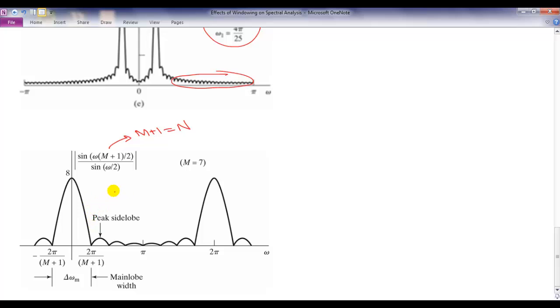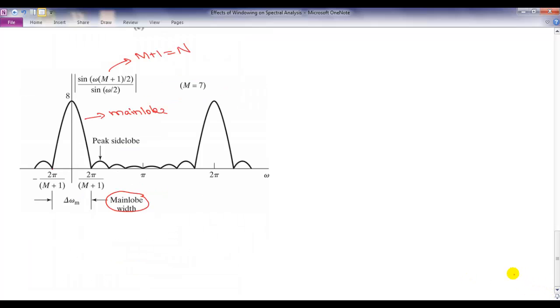So this is the example where you have a length 8 window. This part is called the main lobe. And the distance between where your window hits zeros or gets very small, that part is called the main lobe width.